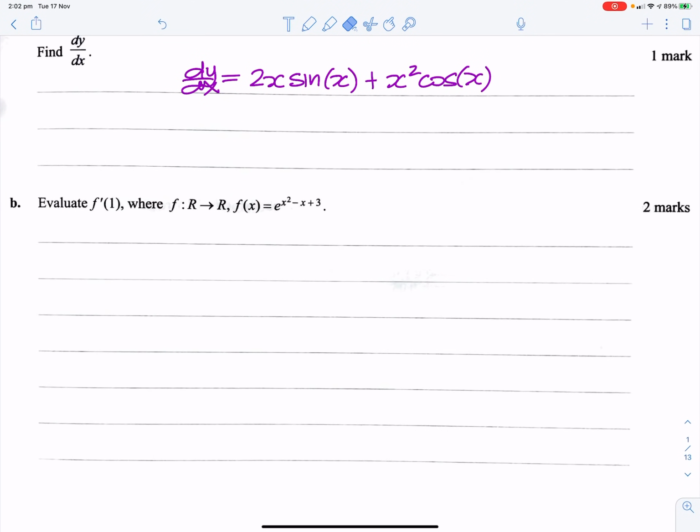Okay, find the derivative of this and substitute in 1. So we know when we derive an exponential, it's the derivative of the power down the front, 2x minus 2, e to the x squared minus x, plus 3. f dash of 1, it's 2x minus 1.